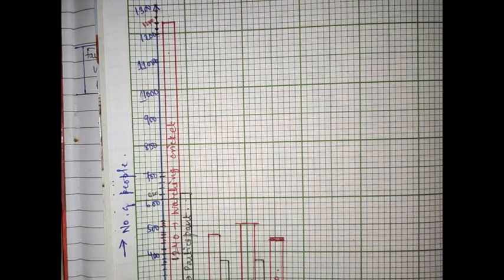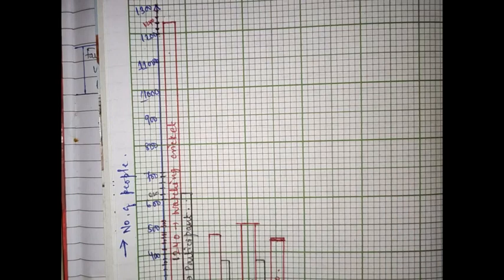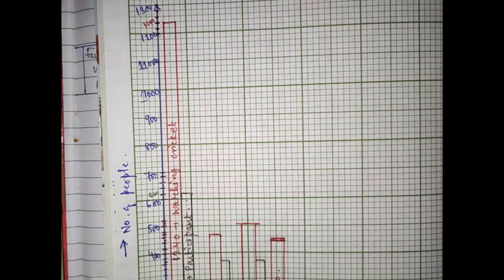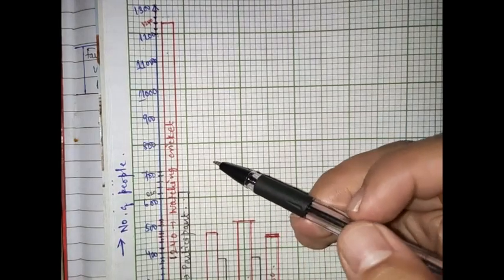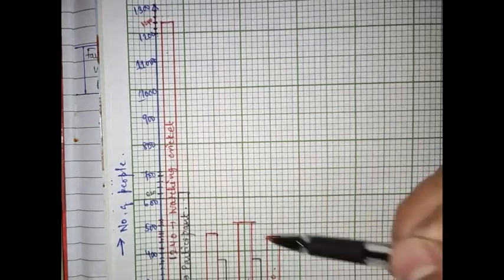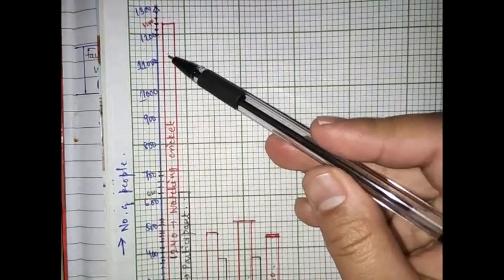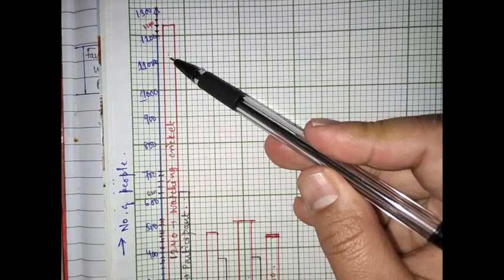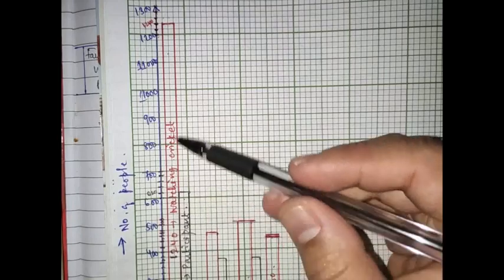By observing the double bar graph, we come to conclude that the number of people who liked watching and participating cricket is the tallest among the other bars, right? It is the height of the cricket. The number of people who are watching and participating is bigger compared to other.